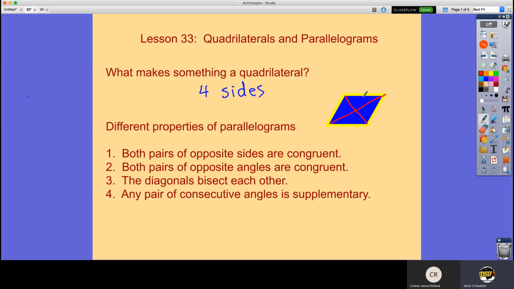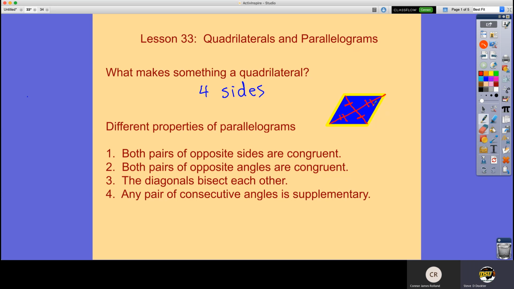It's possible in some parallelograms that they're equal, but we don't know that for all cases. What we do know is these diagonals cut each other in half. So this part is congruent to this part, and this part is congruent to that part. That is something that we do know.